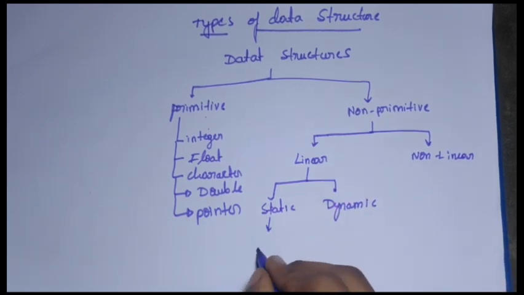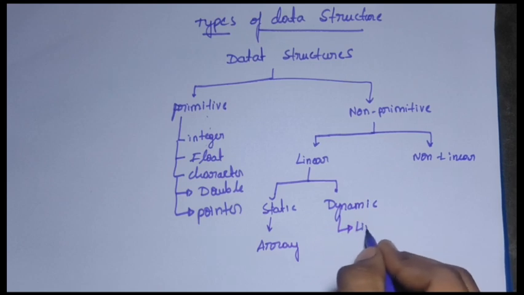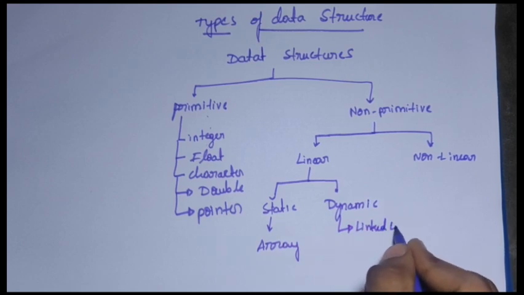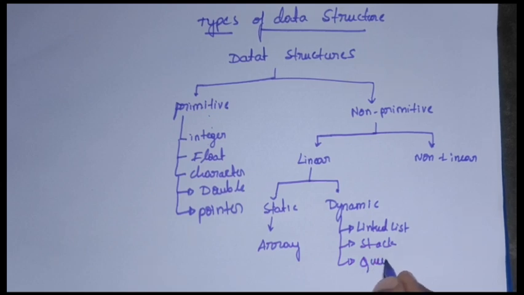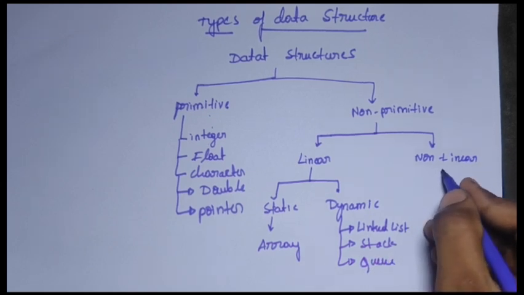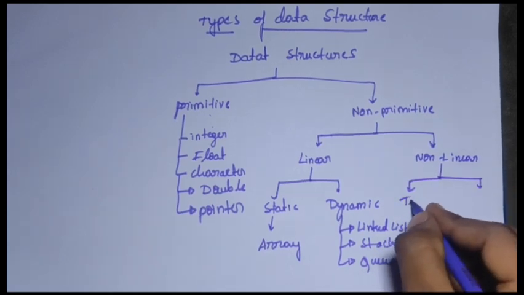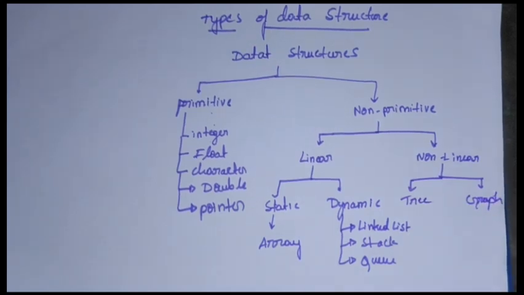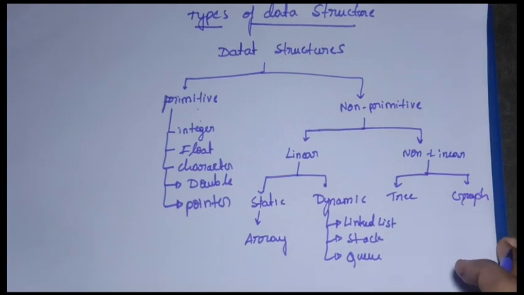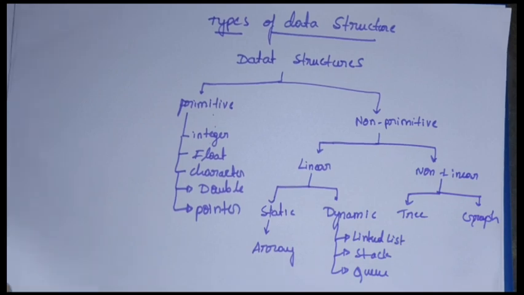In static we have the array data structure, in dynamic we have linked list, stack, and queue. Non-linear data structure can be classified into two classes: one is tree, another one is graph. Okay, we will discuss the types of data structure briefly in an upcoming session.